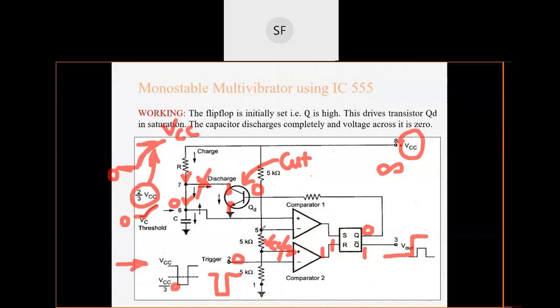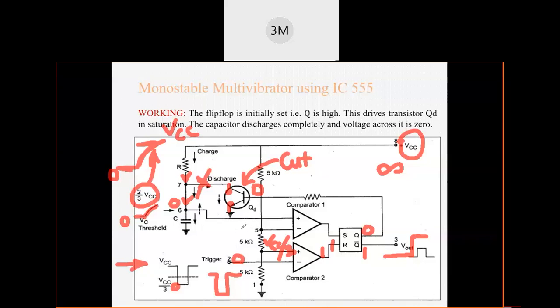So again, at this particular point, what will happen? At pin number 2, the inverting terminal of comparator 1 is fixed to this point. And what is the voltage at this point? If anyone can reply, at pin number 5, what is the voltage? 2 VCC upon 3.